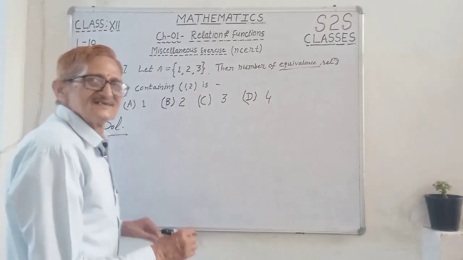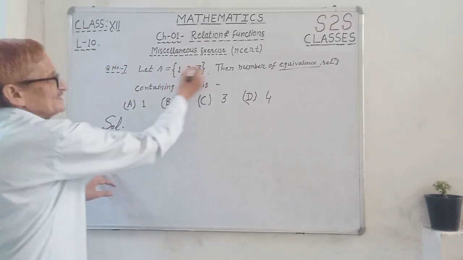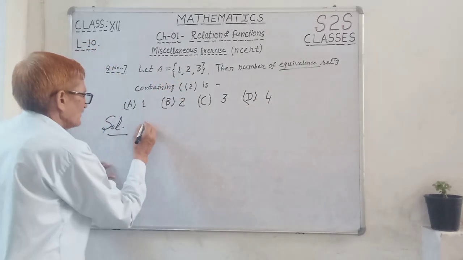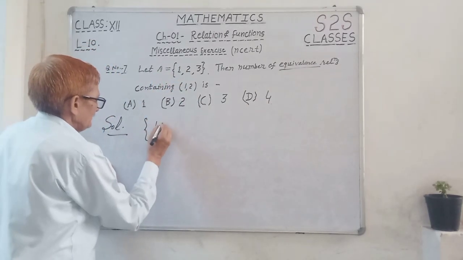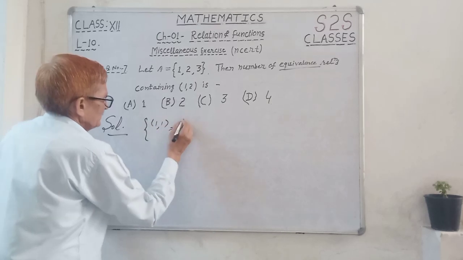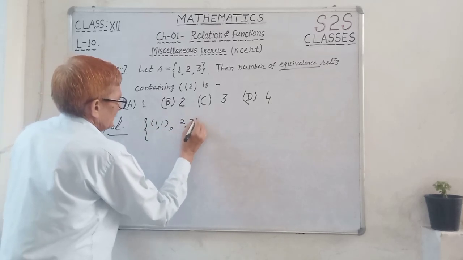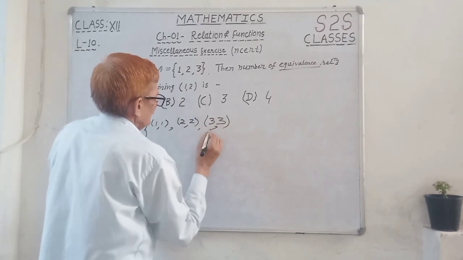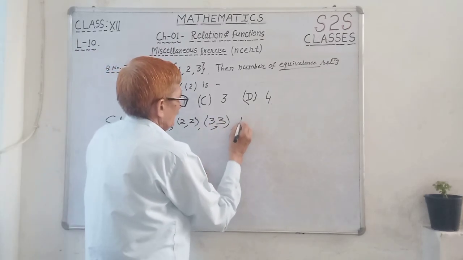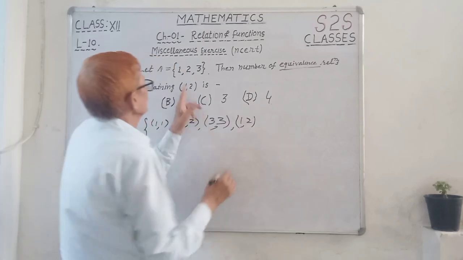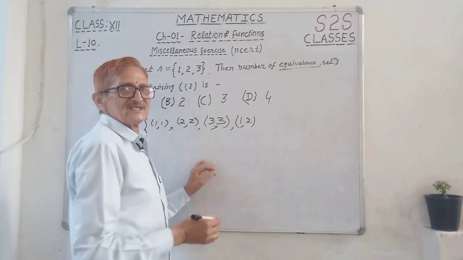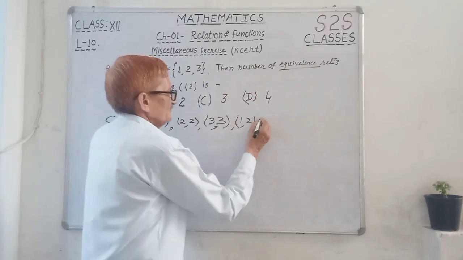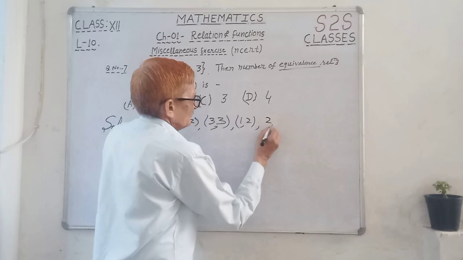So for the reflexive on set A {1, 2, 3}, every a belongs to set A means ordered pair (1, 1) must be there, (2, 2) must be there, (3, 3) must be there. Okay, and now (1, 2) in the question is given; if (1, 2) is there, then for an equivalence relation, symmetric must be there, and for symmetric (2, 1) must be there.